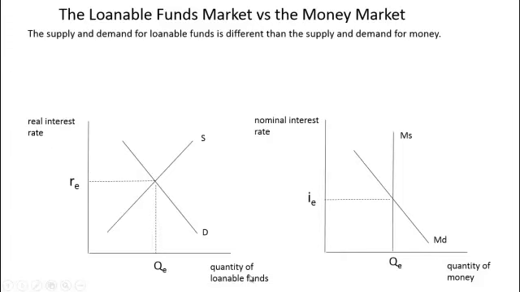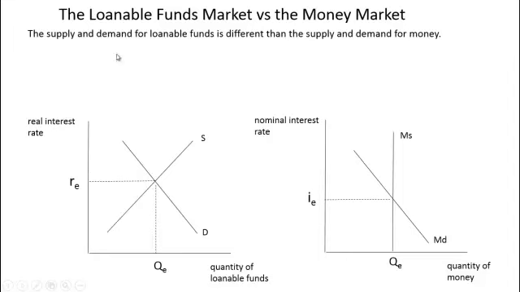The quantity of loanable funds in the economy is a dollar amount, and so is the quantity of money, but they're not the same amounts. And the real interest rate, as you know, is not the same as the nominal interest rate. The real interest rate is the nominal interest rate minus the inflation rate.